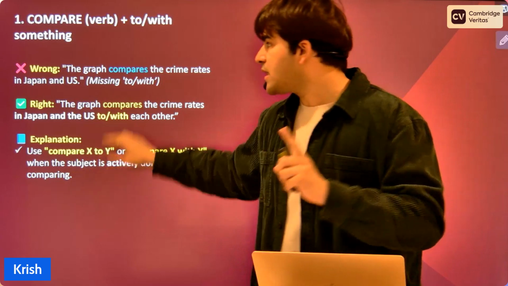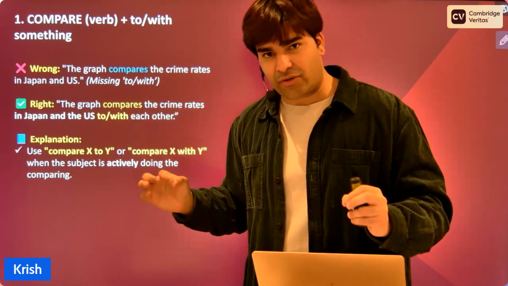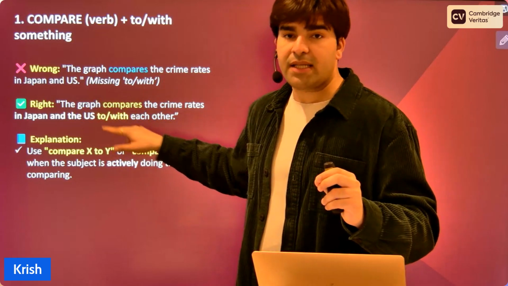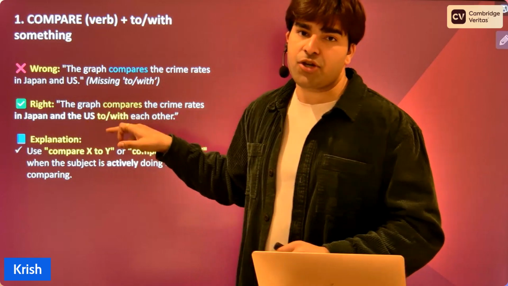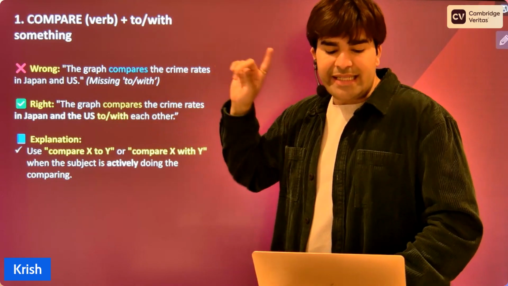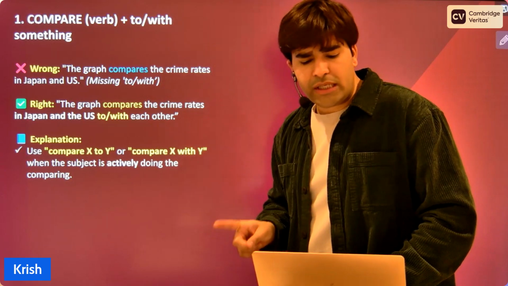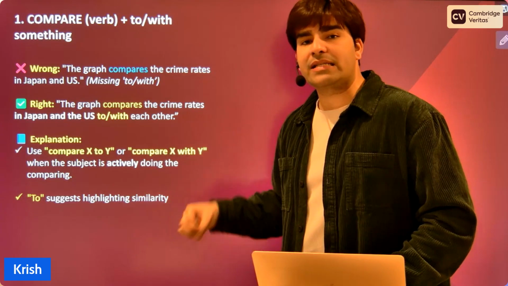So the idea is never write like this: the graph compares the crime rates. It's incorrect. The correct version is the graph compares the crime rates, and then the two countries come to each other or with each other. So this is the complete format, and this one is the incomplete format. But what does to show here? Have a look. Here, to highlights similarities.